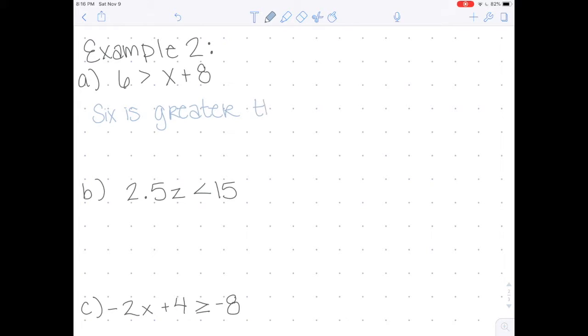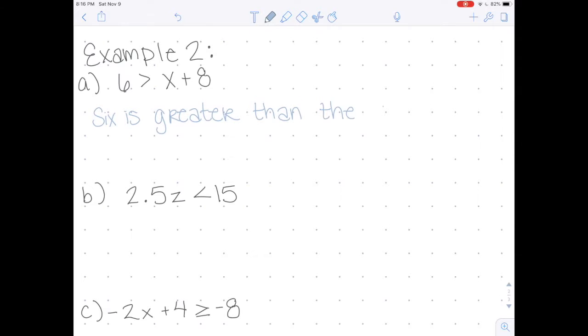So 6 is greater than the sum, two words, the sum of a number. Anytime you use a variable, you just replace it with a number, and 8. And there we go.